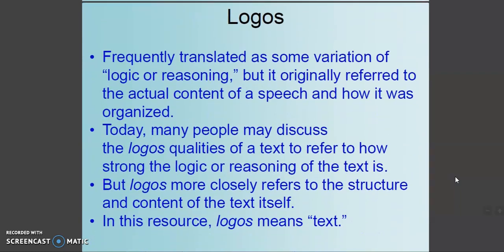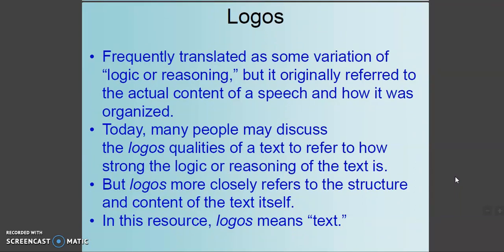Now let's look at logos. So logos refers to logic and reasoning. It is frequently translated as some variation of logic or reasoning, but originally referred to the actual content of speech and how it was organized. So when we're looking at logos, we're asking, what is this commercial trying to say?